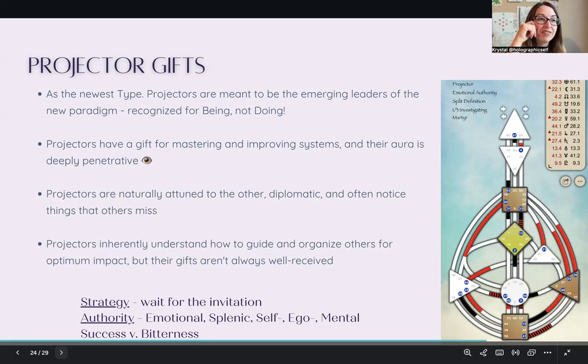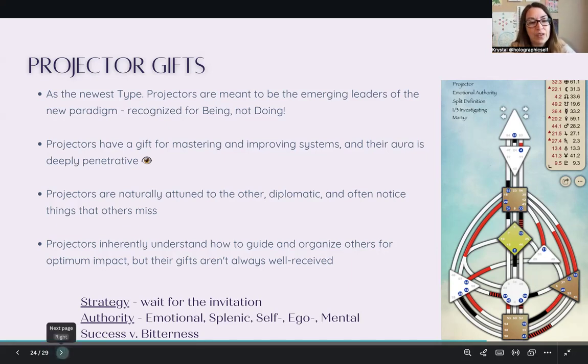We don't have a defined sacral. We're not really meant to burn ourselves out doing tiny tasks, even though we can see the big picture and we know what needs to happen. We're not meant to be in the grind making all those things come into play. Not every invitation that a projector receives is going to be something we want to say yes to.